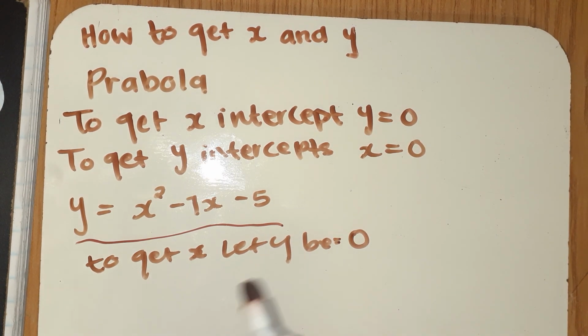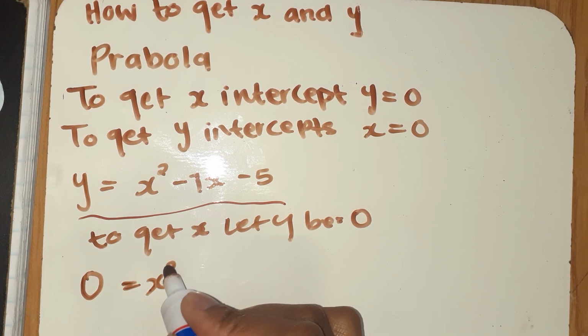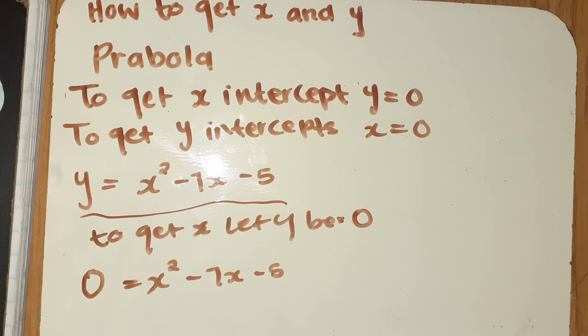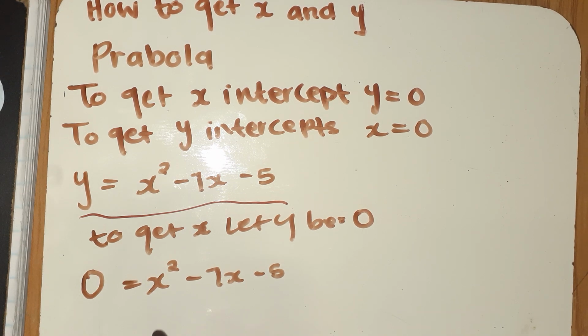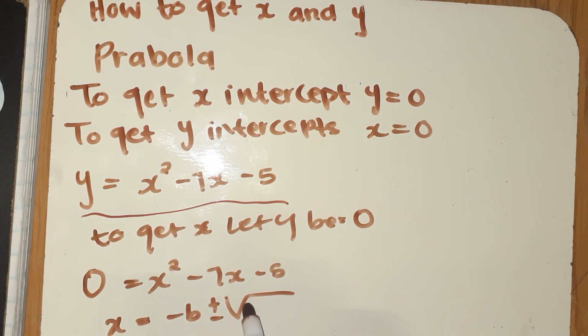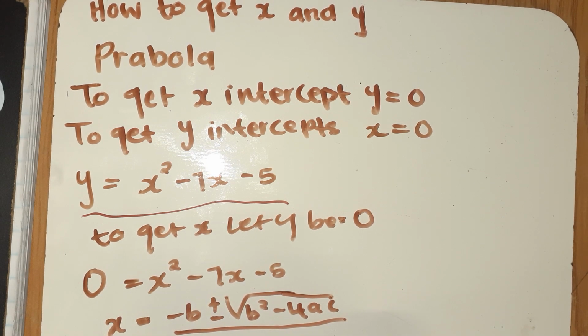So we're going to say 0 equals x squared minus 7x minus 5. And then you can use the quadratic formula where x equals negative b plus or minus, you know it, the square root of b squared minus 4ac, over 2a.